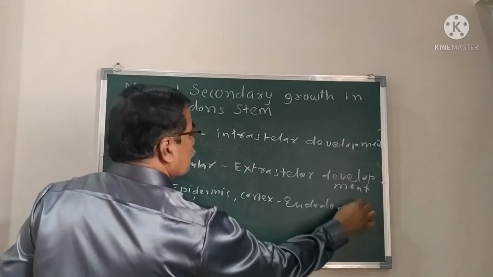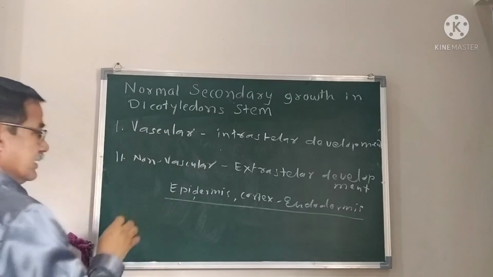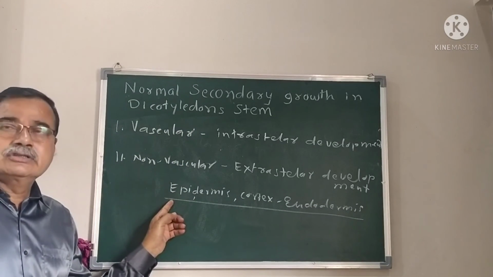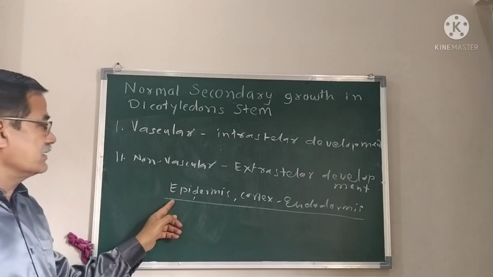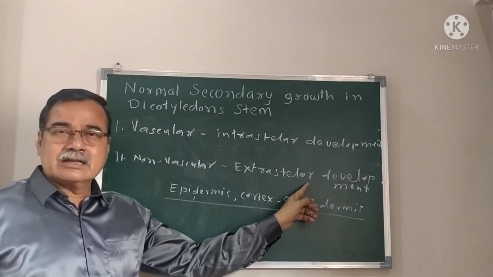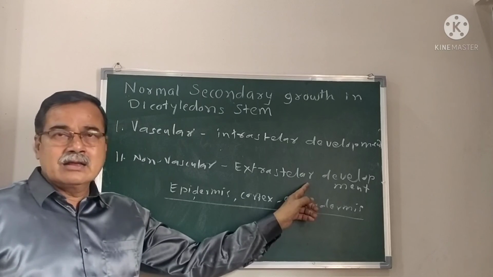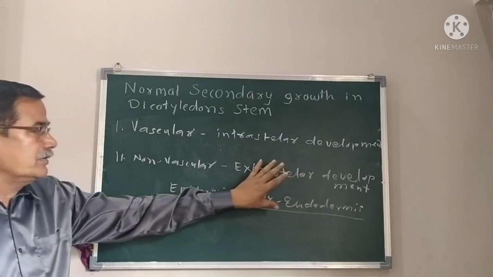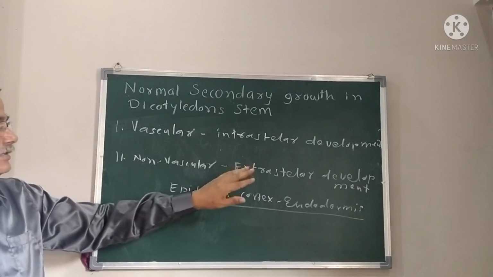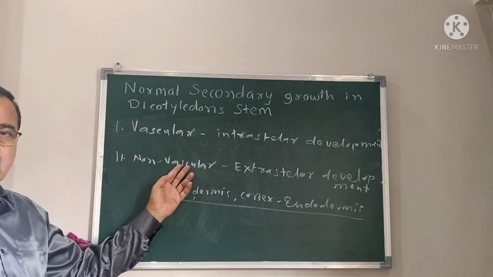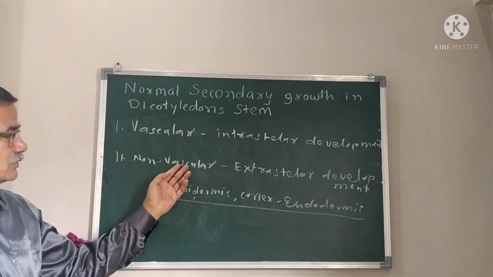The growth up to this endodermis, that is epidermis, cortex and endodermis, is known as extrastellar. The stele consists of the pericycle, vascular bundle and the pith. The tissue which is formed without vascular bundles is known as non-vascular.